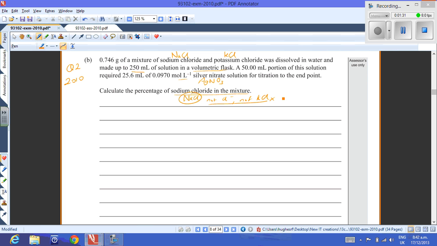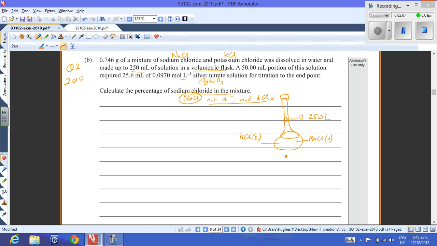So we can draw a quick little diagram just to give a bit of an illustration for what's happening. So they were dissolved in the volumetric flask, which is one of these things right here, set to a fixed volume, and inside we had 250 mLs. So this is a 250 mL volumetric flask, so it would have been made up to the line here, and that's 0.250 liters. And then in that we have sodium chloride solid, which has been dissolved, and then we have potassium chloride solid, which has been dissolved.